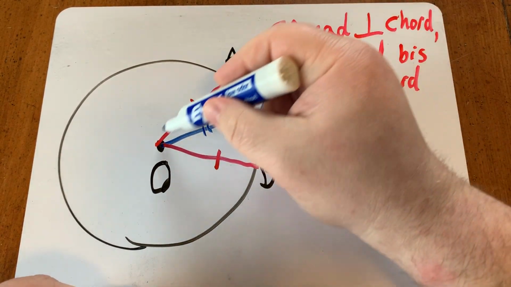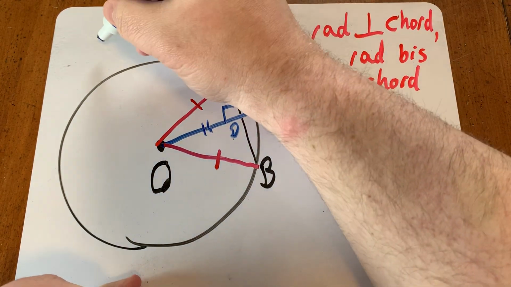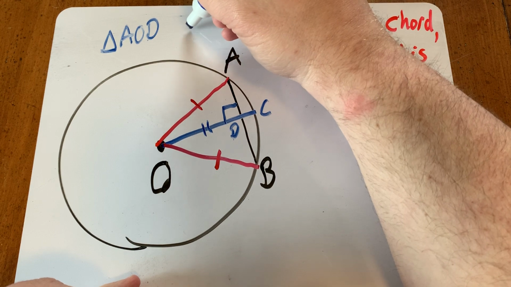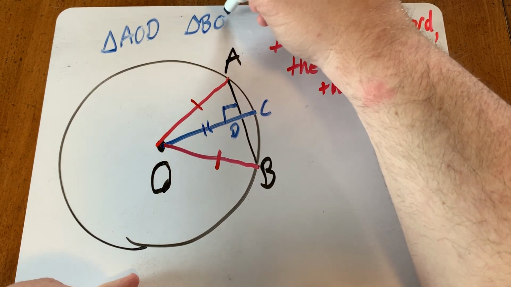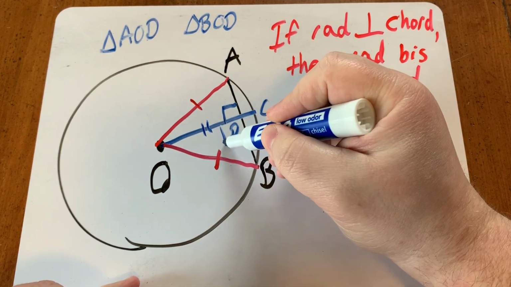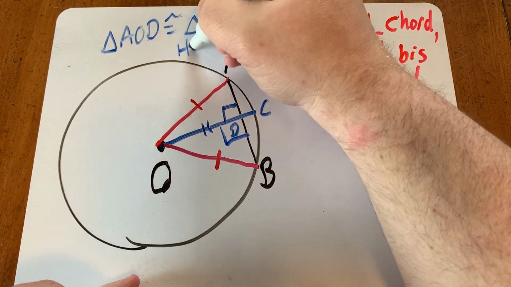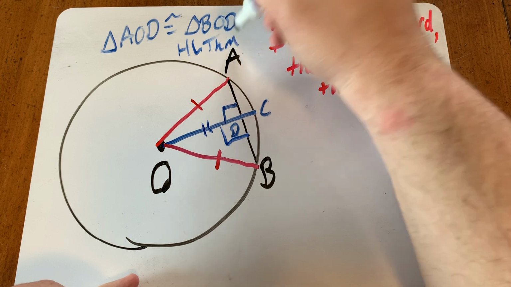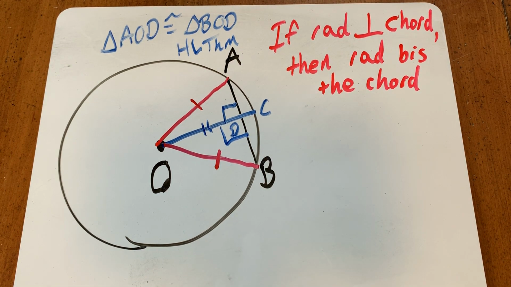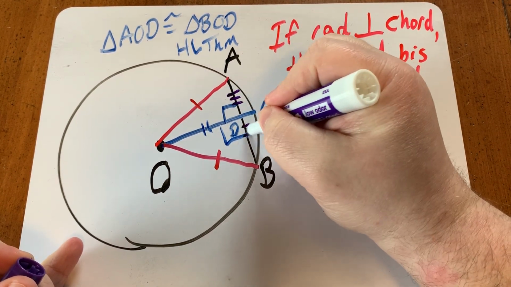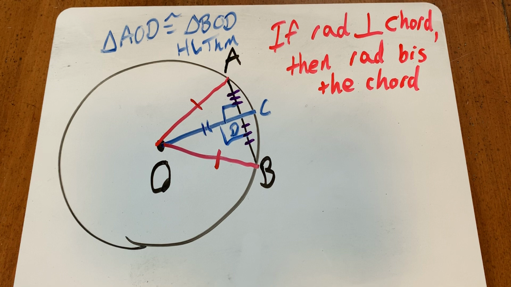So if you look at triangles AOD and triangle BOD, we can tell that these two triangles are congruent by our hypotenuse leg theorem. So since those triangles are congruent, we can go a step further and say that those are congruent.